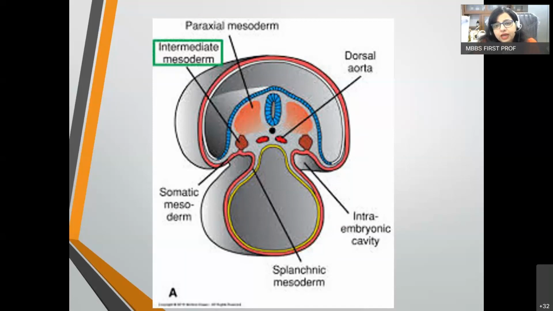Intermediate mesoderm and the lateral plate mesoderm. The lateral plate mesoderm was when we were talking about the development of cardiovascular system and the pericardial cavity. So we discussed lateral plate mesoderm over there. Now, here we are concerned with the intermediate mesoderm. This intermediate mesoderm is the one that is responsible for the development of genitourinary or urogenital system.